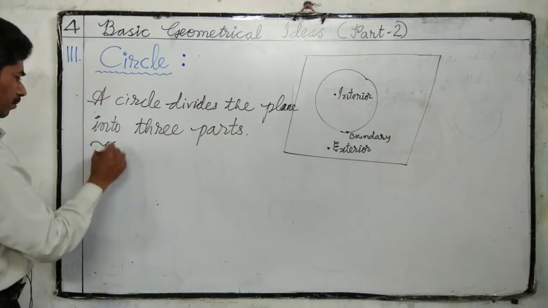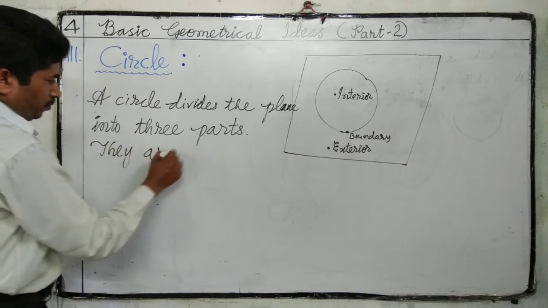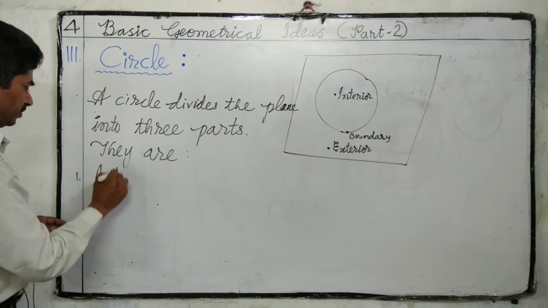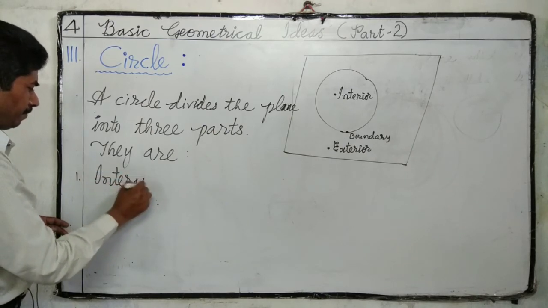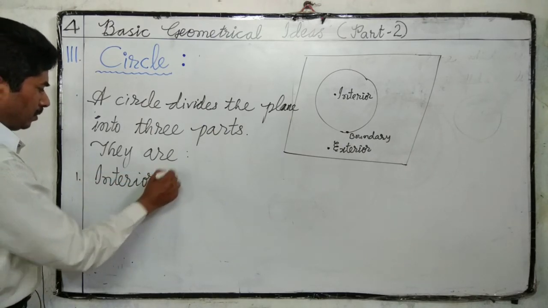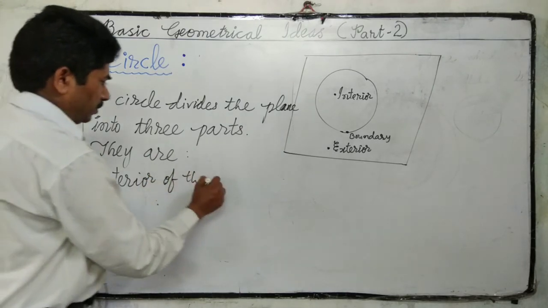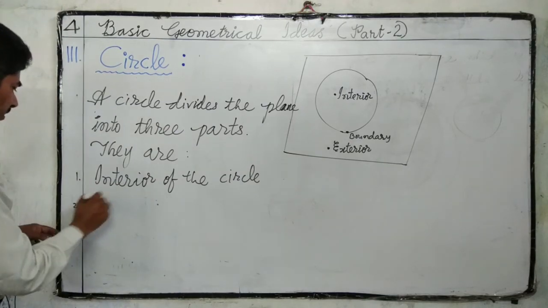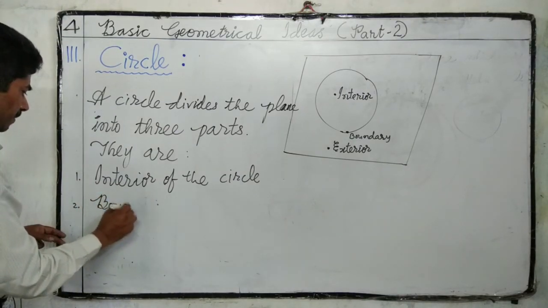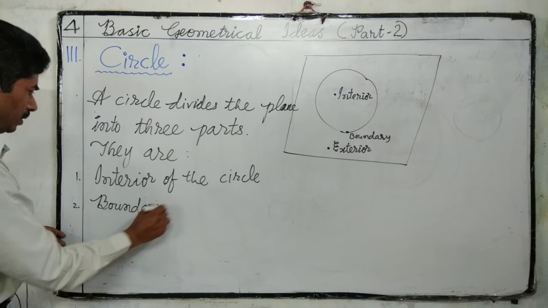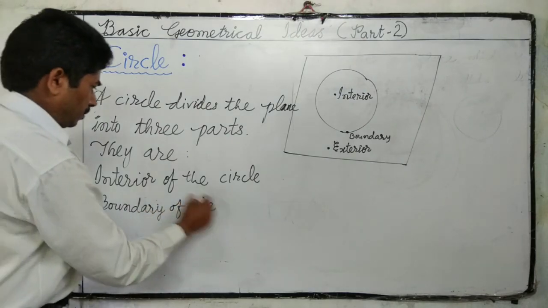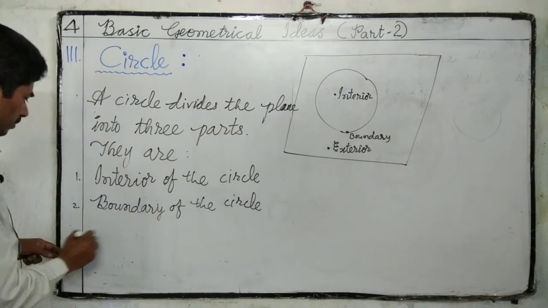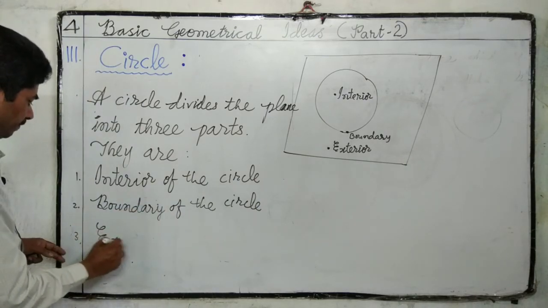They are one, interior of the circle, second one, boundary of the circle, third one, exterior of the circle.